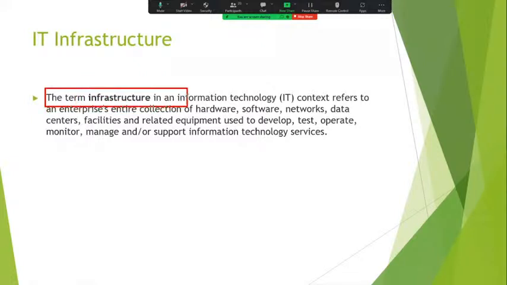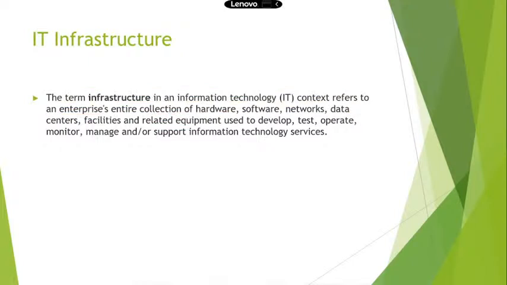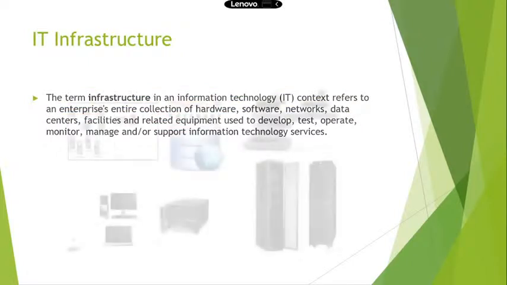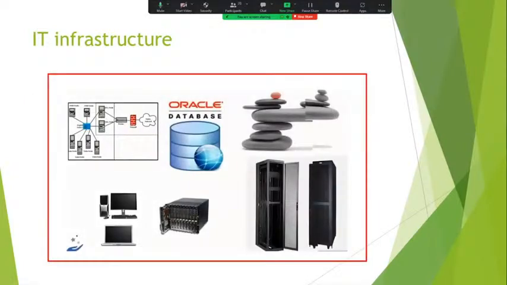The term infrastructure in information technology refers to a collection of hardware, software, switches, network, and load balancer. Now, to maintain our own IT infrastructure, we require one DC. What is the DC? Data center.